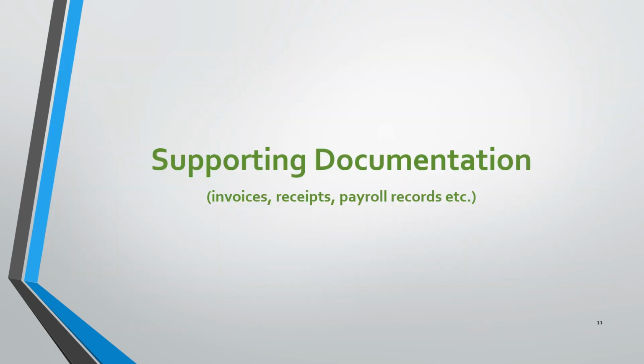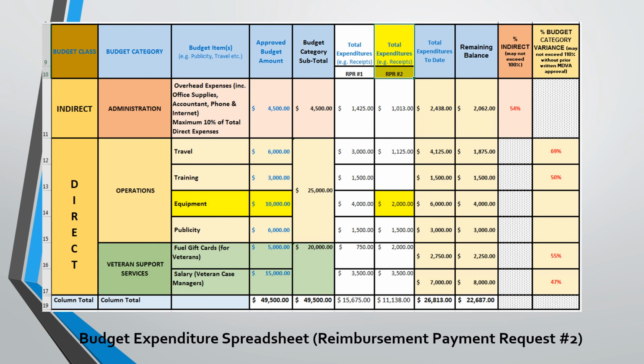The next item highlighted on the documentation checklist was supporting documentation. And what that means is invoices, receipts, payroll records, advertising contracts, and so on. So in addition to the budget expenditure spreadsheet, for every item that is reported, there must be supporting documentation.